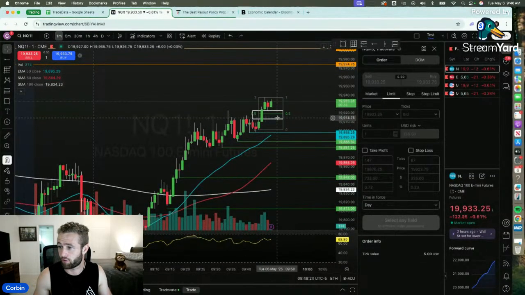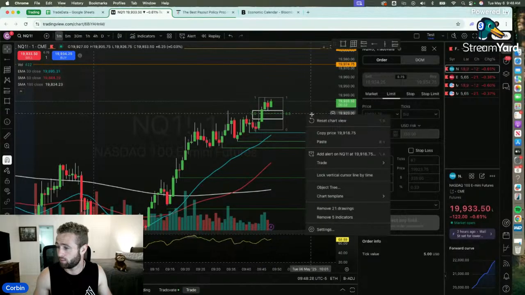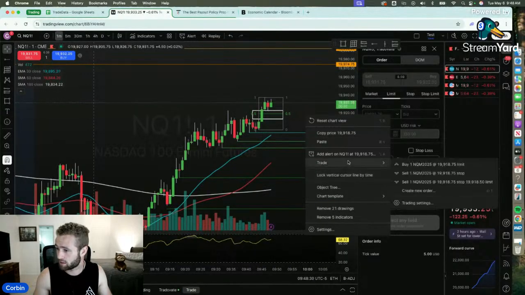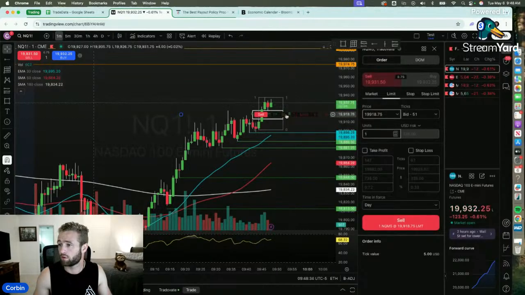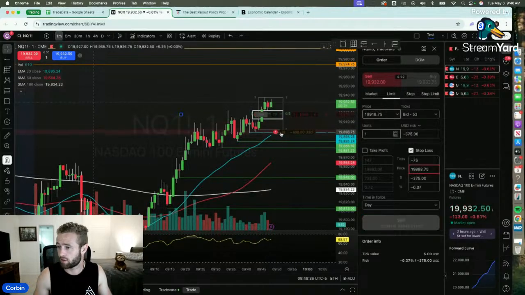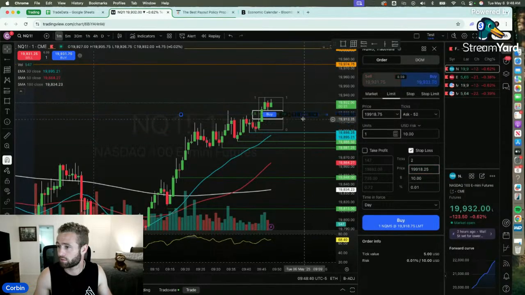Idealistically, it'd be somewhere right in here. Let's see. If I was to place a trade, what does that look like? If I could get in right around there, that'd be a buy if I'm going long. So take profit would be this level up here.